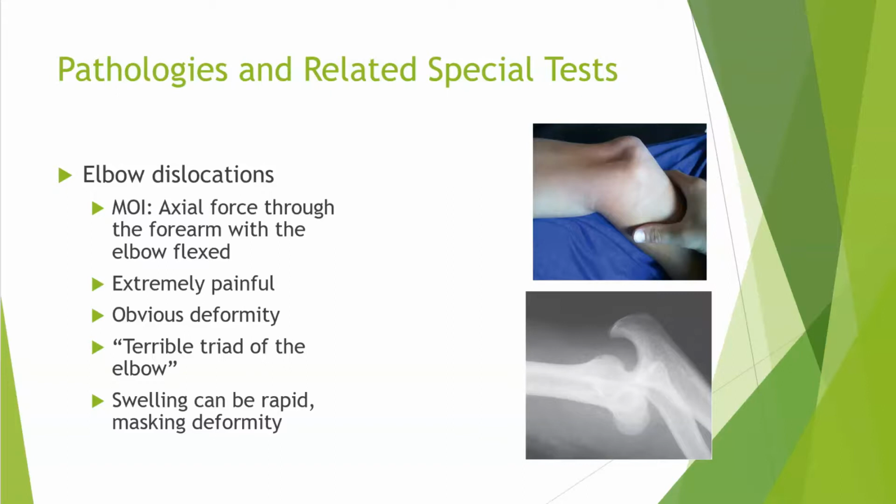There's usually an axial force through the forearm with the elbow flexed, so they're not completely locked out. Like I said, it happens very frequently in wrestling. One time I even had a patient who I went out there and he's like, my shoulder, my shoulder, my shoulder. I'm like, are you sure? Because it's your elbow that's dislocated. Okay. So 90% posterior lateral.